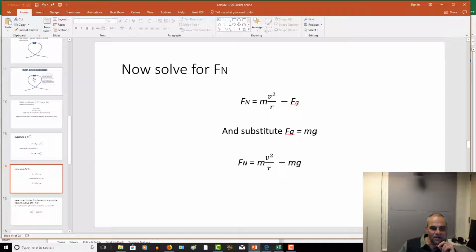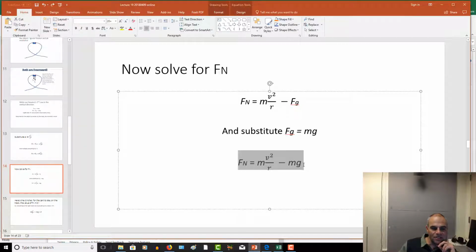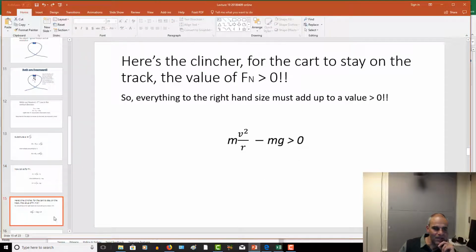And of course, I can always substitute Fg equals mg, making this equation even more understandable. So the difference between these two terms has to be greater than 0, as is shown in the next slide. That is the condition in which a roller coaster will stay on the track. The velocity at the top of the track has to be such that this condition is met.